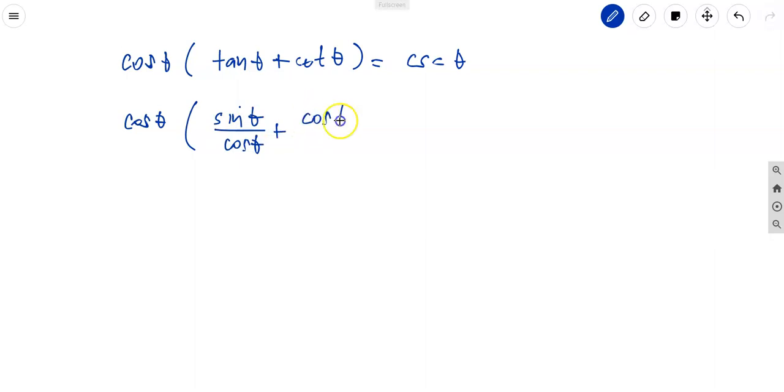Here we can have cosine theta times sine theta over cosine theta plus cosine theta over sine theta equals cosecant theta.